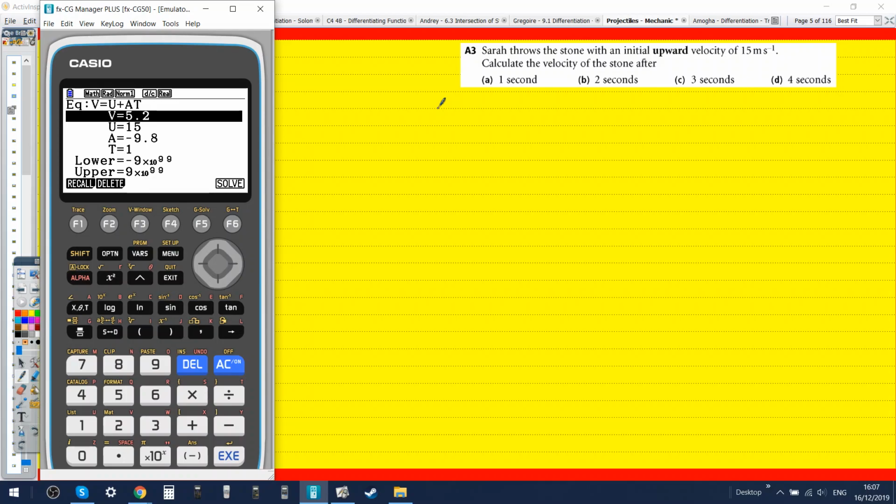And what is a? Is it minus 9.8? Yes, because it's acting in the opposite direction. So would that be 5.2 then? Yeah. Okay. How about B?